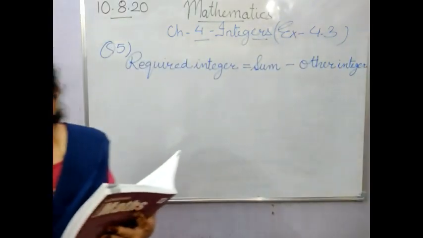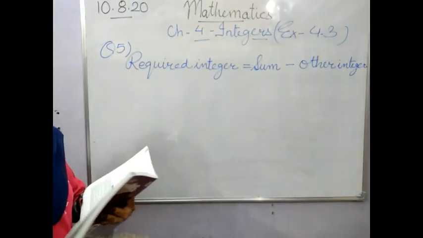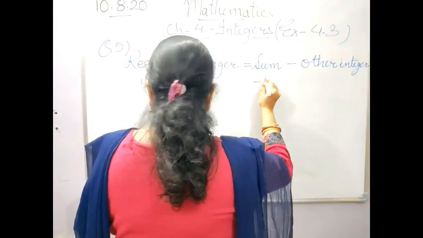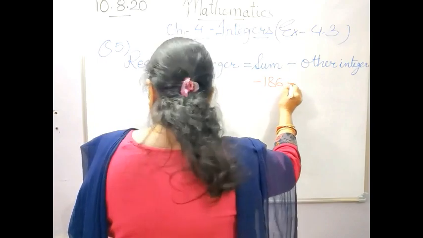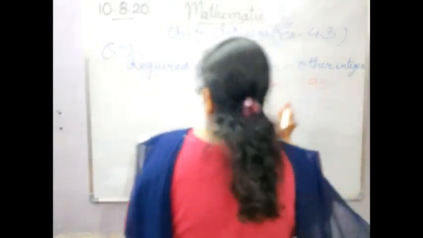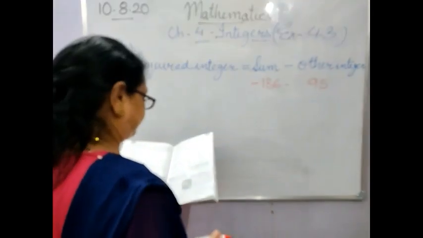Okay. Sum means the answer of addition. Now the sum is given, minus 186, and the other number is 95. Other number is 95. Clear?